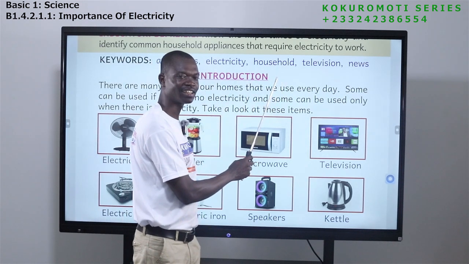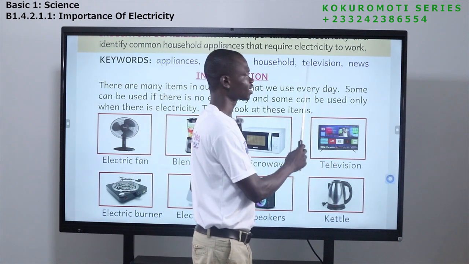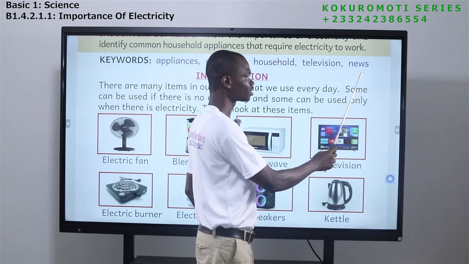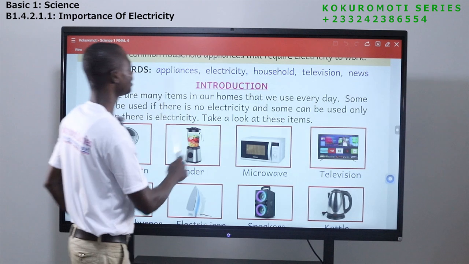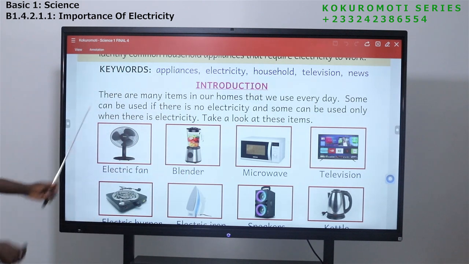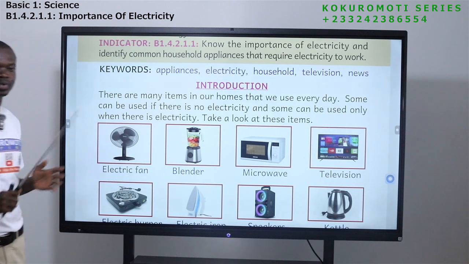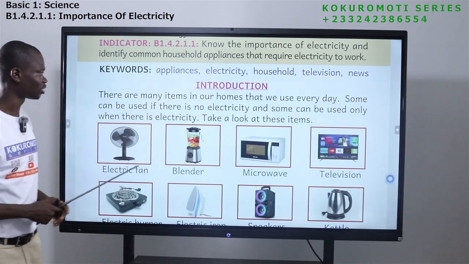Household. Television. Television. News. News. So you see, these are the words that we are going to find in the text or in the textbook. So I want you to pay attention. We will look at the meaning as the lesson continues.